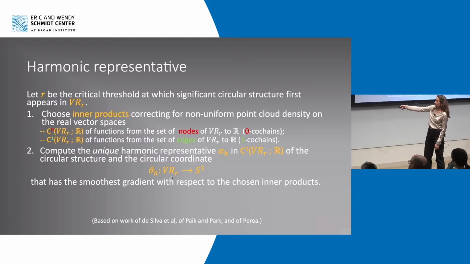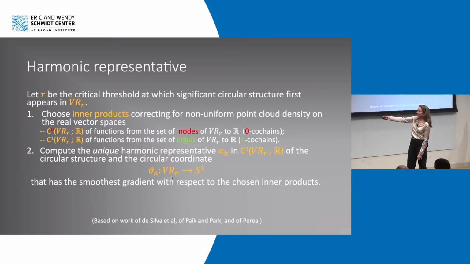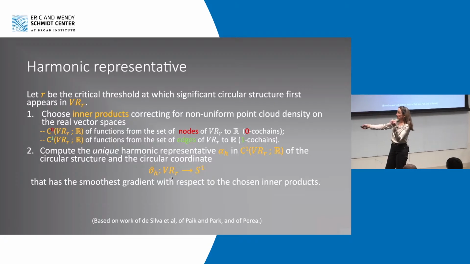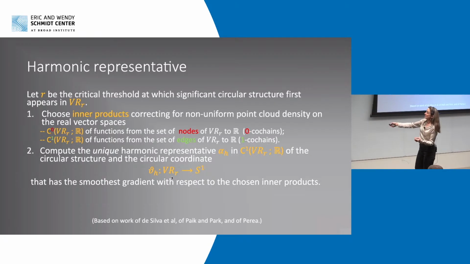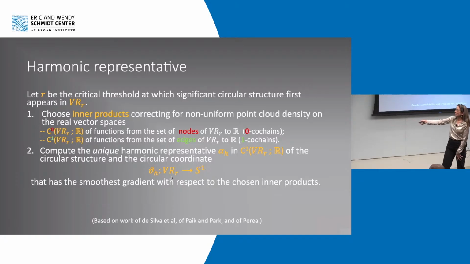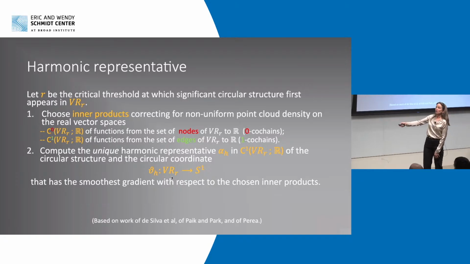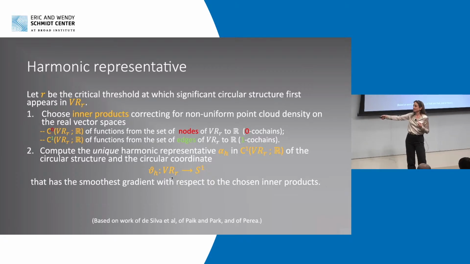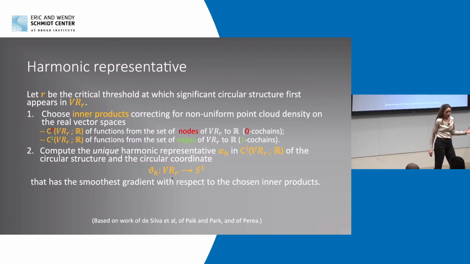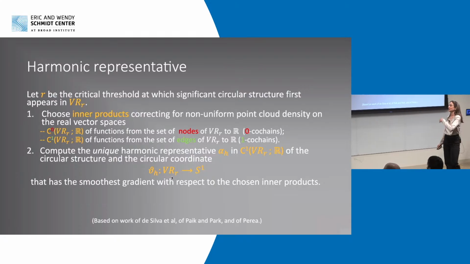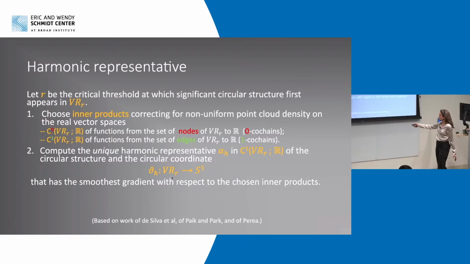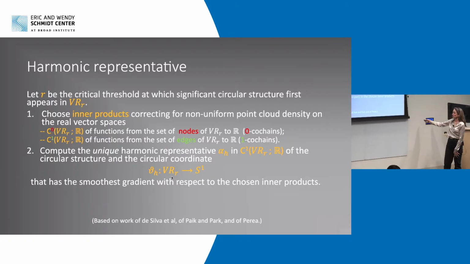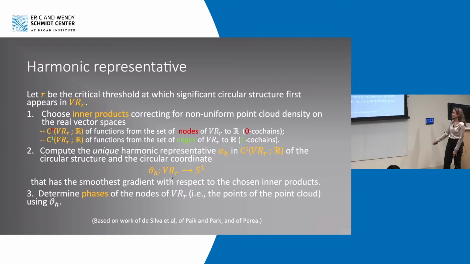So a map from the edges of this collection of points and edges to the real numbers that really is going to encode your circular structure, and then you can extend in a certain way to a map to the circle. And the way to think about this is it really has some map to the circle that has the smoothest gradient with respect to the inner products you've chosen. So I'm not going to go into details about how you do this, but just to say it is possible to choose a circular coordinate like this.